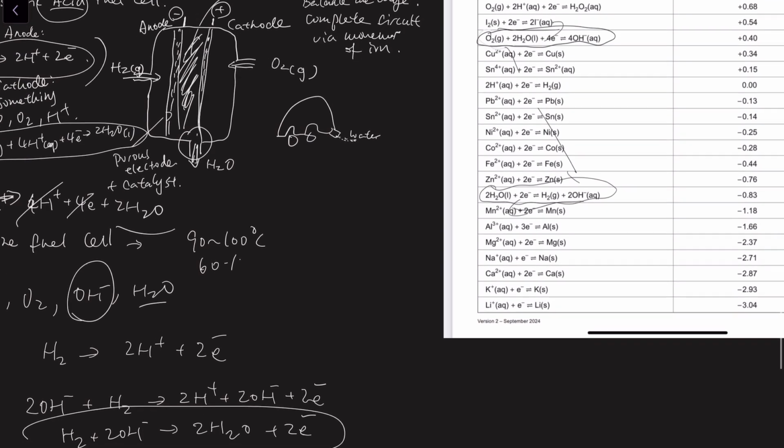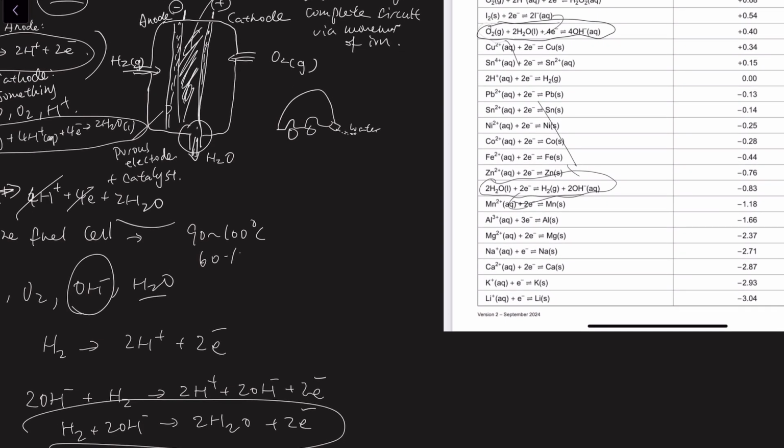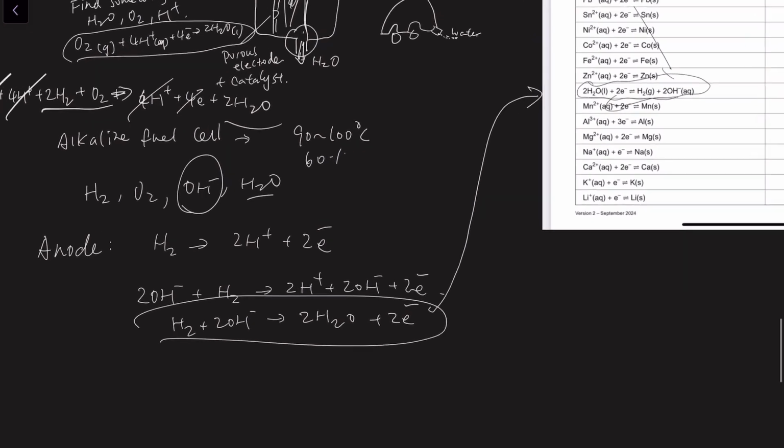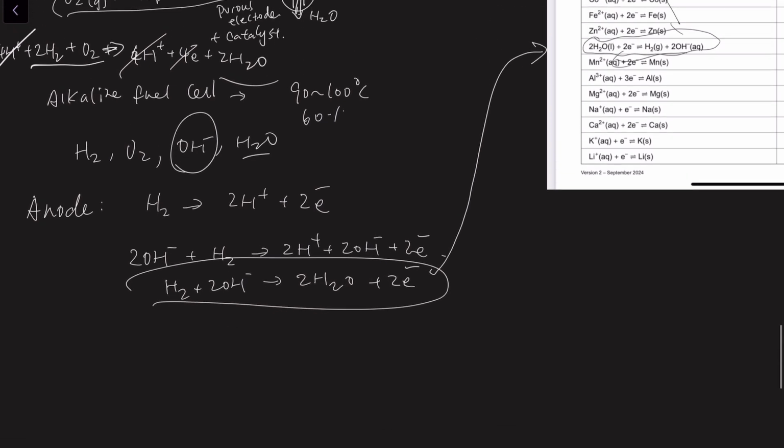And this is exactly the same as what we would expect if we look at the data book. Personally, I think this is a much better way rather than guessing which reaction is the correct one. The cathode one, we know from the previous question, looks like this.